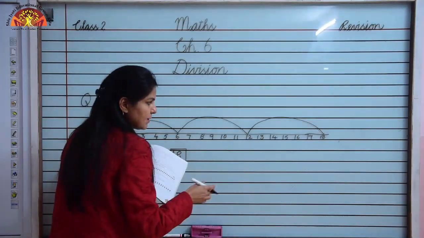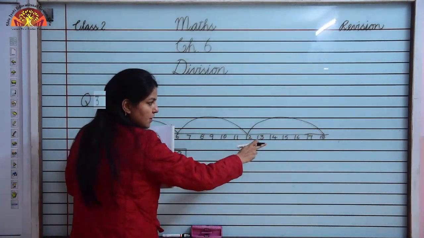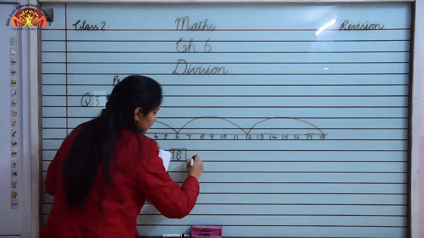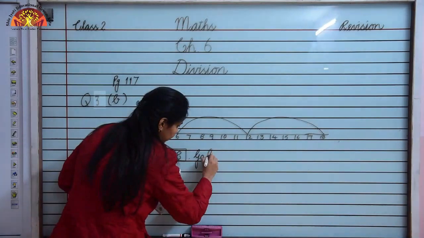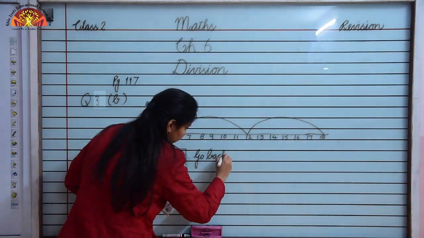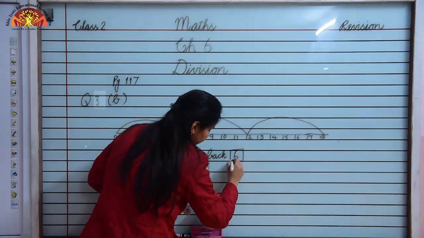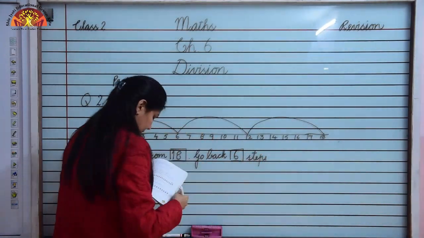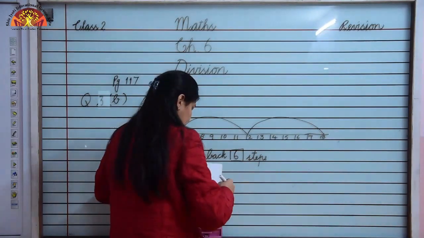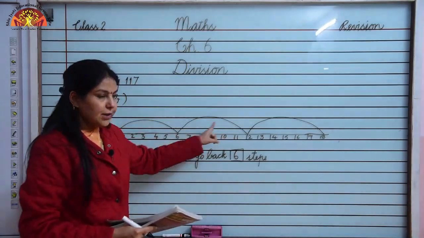Go back 6 steps. How many steps have we taken? We have taken 6 steps from 18. Go back 6 steps. And how many times? We have taken 3 times.